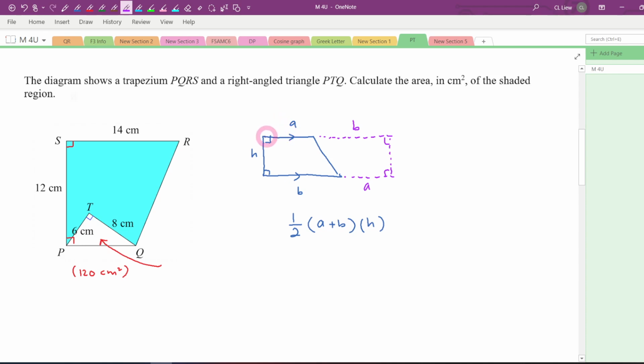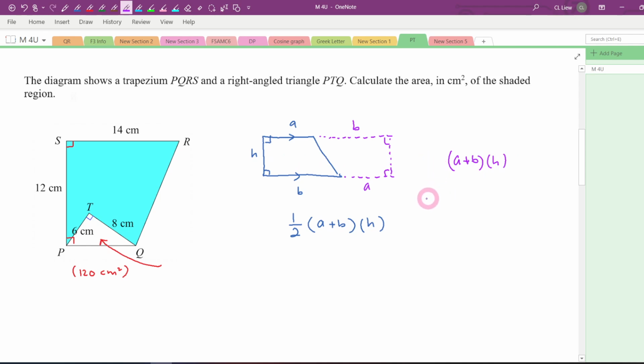So now I ask you, how do we find the area here? This is a rectangle, so we have no problem, right? This times this, which will be A plus B times the height. But we only want half of it, right?